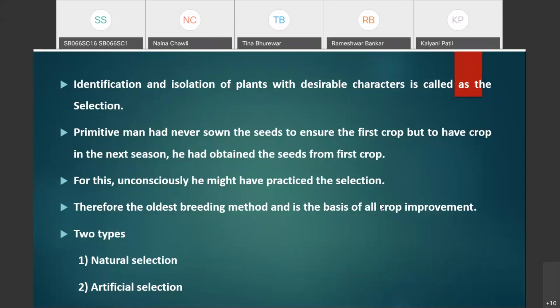That is how selection of crop plants was started. Therefore selection is considered the oldest breeding method, and it is considered the basis of all crop improvement. Okay, is that clear?